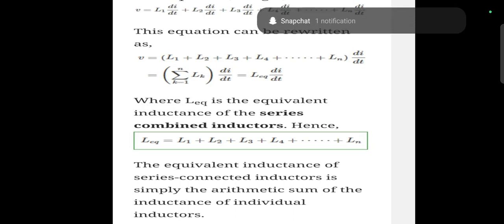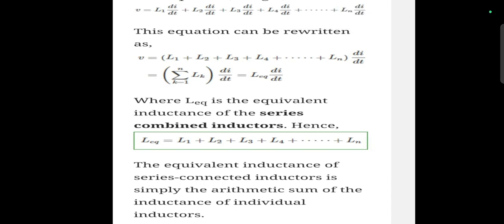This is the same for the parallel inductance: 1 by Leq is equal to 1 by L1 plus 1 by L2 plus 1 by L3 and so on, plus 1 by Ln. Now V is equal to 1 by L1 plus 1 by L2 plus 1 by L3 plus 1 by L4 and so on, plus 1 by Ln, into di by dt.